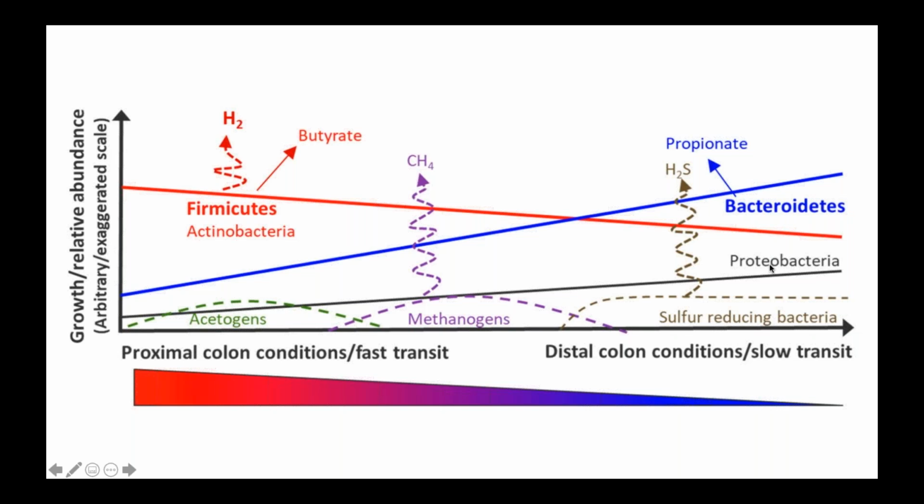It can promote the growth of some of the proteobacteria as well. And then again, another byproduct of breaking down the sulfur-containing amino acids in particular would be hydrogen sulfide gas. So this is pretty well worked out in research, and this is a great representation of some of those dynamics for understanding the origin of some of these gases and some of the factors that come into play.